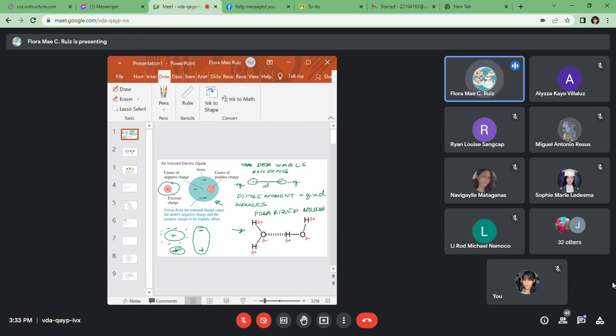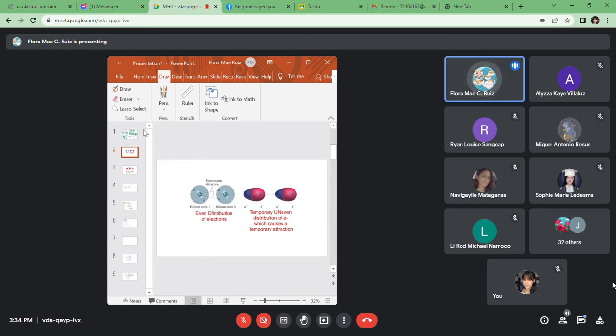Okay, your van der Waals forces between atoms and molecules have their origin in interactions between dipoles, which may be induced, or in some cases, interactions between permanent dipoles that are present in some polar molecules. So now let's talk about these different types of van der Waals interactions. The first type is what we call your London forces.